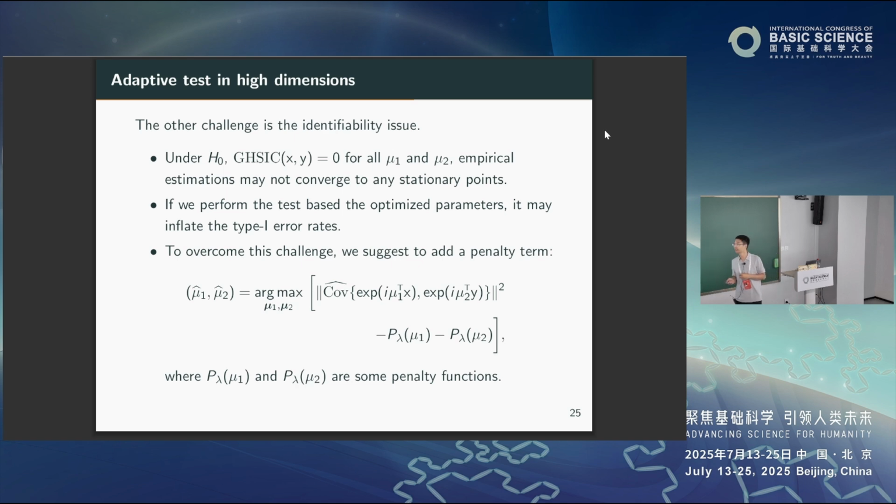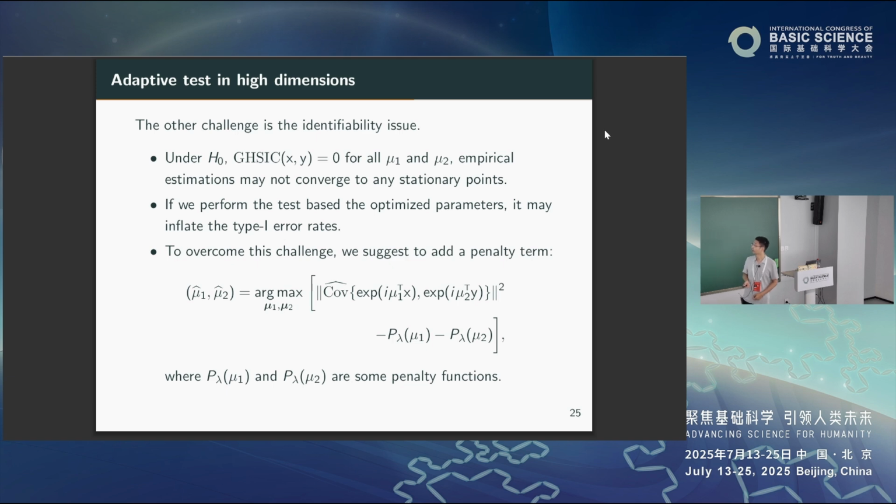This procedure can indeed address the issue of the inflated type 1 error. But because we only use half of the data for testing, there may be some power loss.